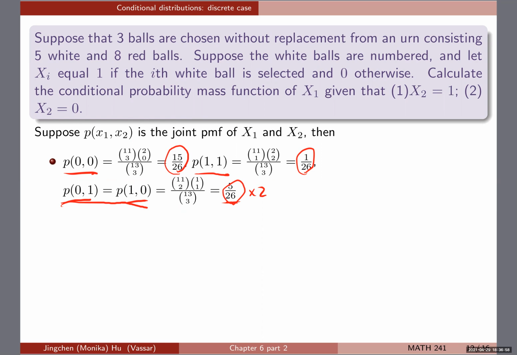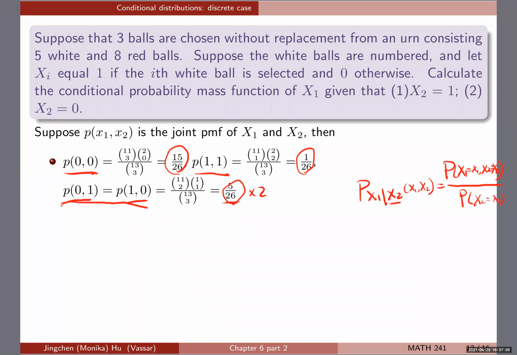And we know that in order to get the conditional, we're trying to get the conditional of x1 given x2. Whatever value of small x1 and small x2 we're doing, we know that we're doing x1 equals x1. Let me try to write it. That's the joint, divided by, because it's conditional on x2, the marginal over here.